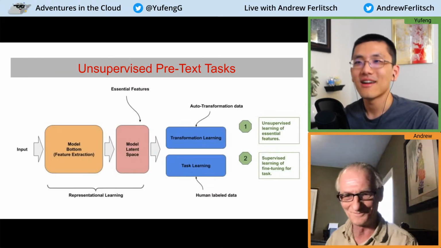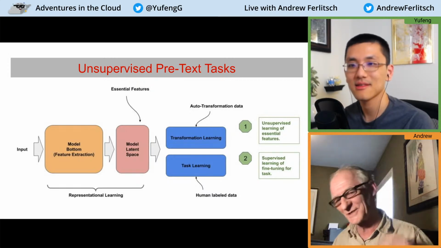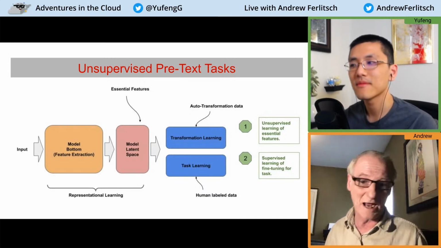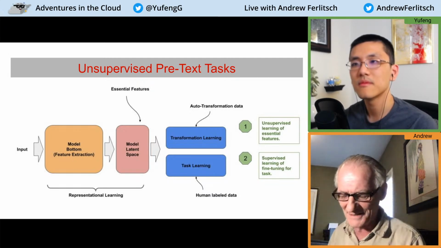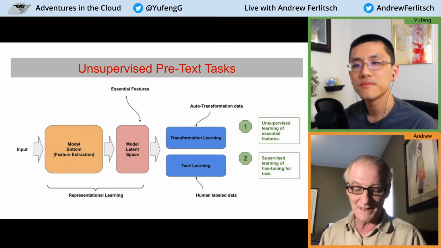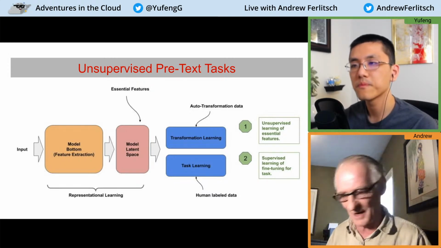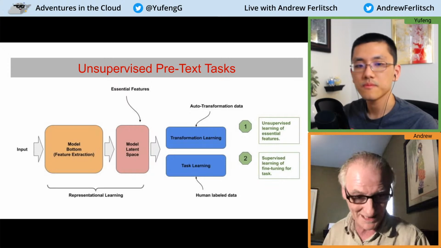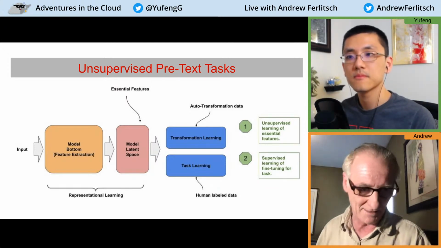Okay, next slide. All right, so we got unsupervised pretext tasks. I really like pretext training. It's another version of learning essential features. So far we talked about using synthetic data and inclusion, but what if you just have your data set?